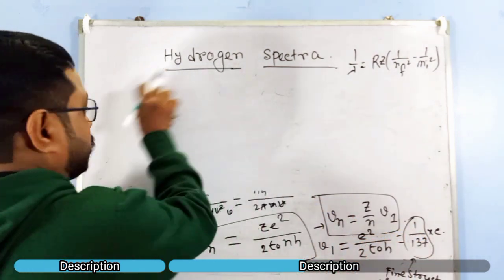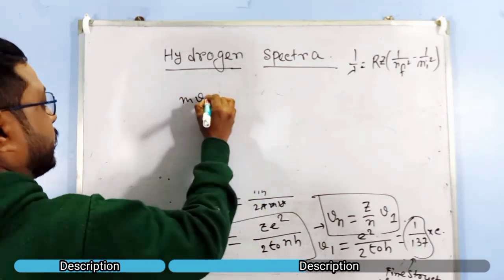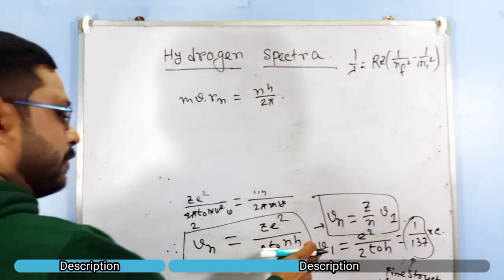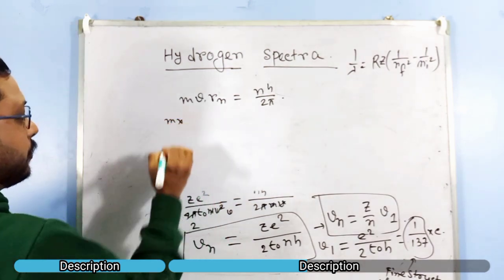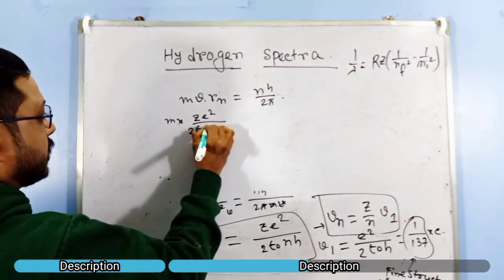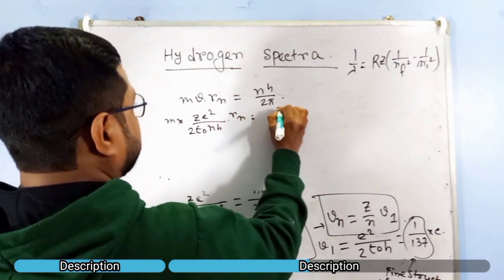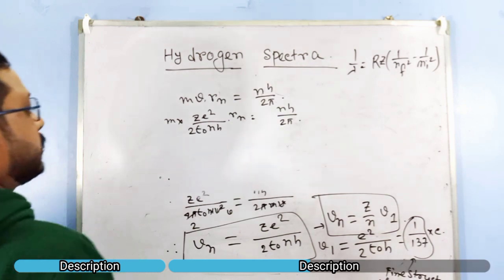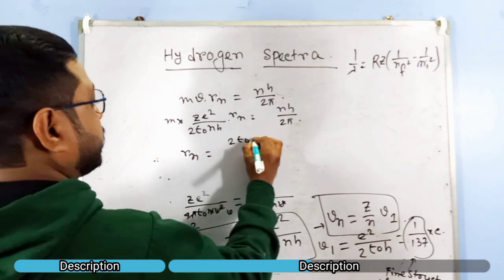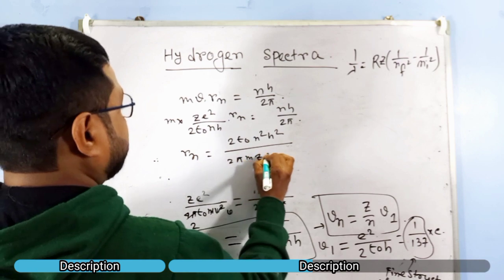Okay. So if we put m v Rn equal to n h upon 2 pi, and put the velocity Vn, that is m into Z e square divided by 2 epsilon naught n h, into Rn equal to n h by 2 pi, then we can get Rn equal to 2 epsilon naught n square h square divided by 2 pi m Z e square.